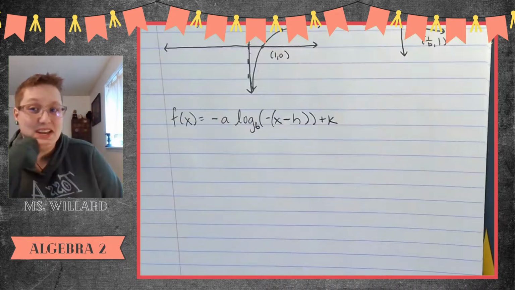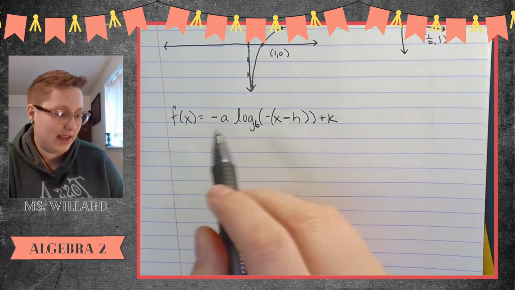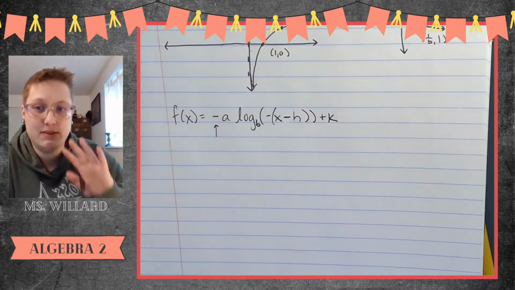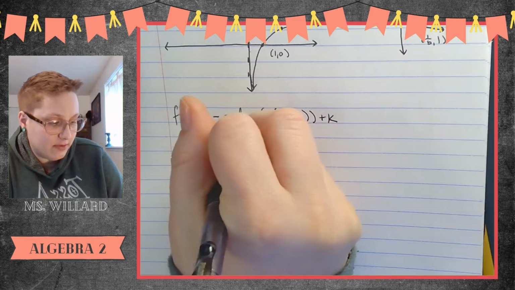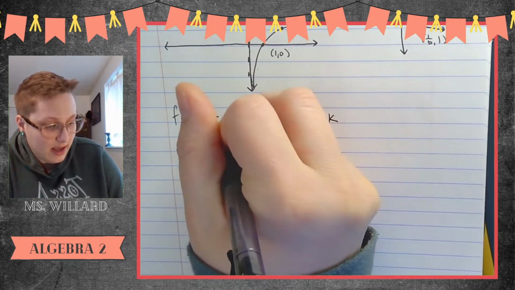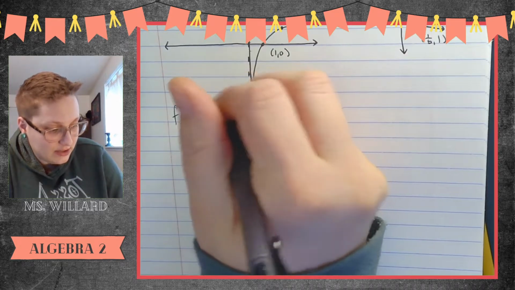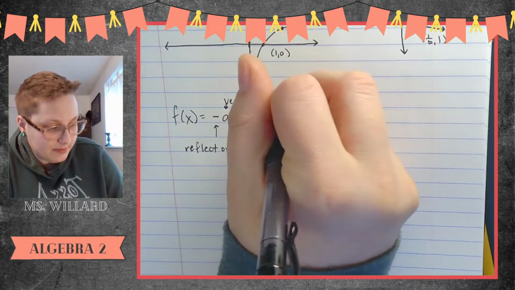It's always 1. And then here's the holy grail that you keep asking me for. So the negative in the very front of the whole thing would be a reflection over the x-axis. A would actually still change our vertical stretch or shrink.